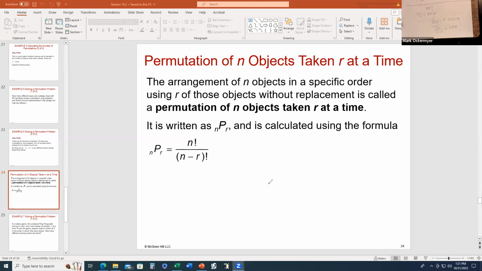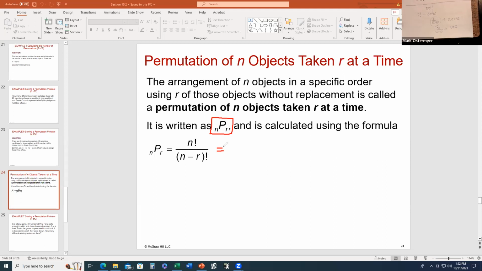Okay, so how do we read this notation here? This is read as n permuted r ways. And it is calculated using this formula here. n permuted r ways is equal to the ratio of n factorial divided by n minus r factorial.